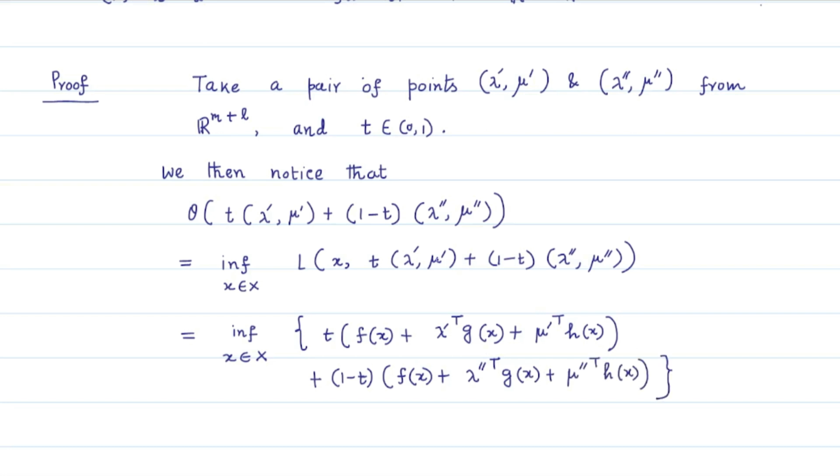This is the expression of the function L at this point. Here in the expression of f, we have just written t times f(x) plus 1 minus t times f(x).